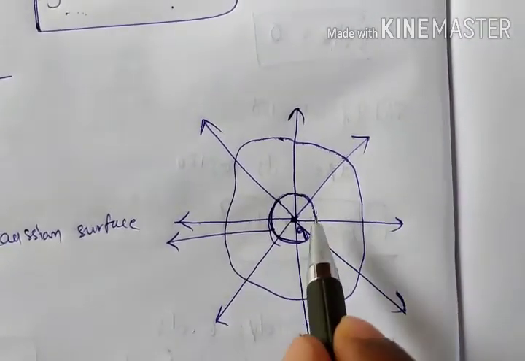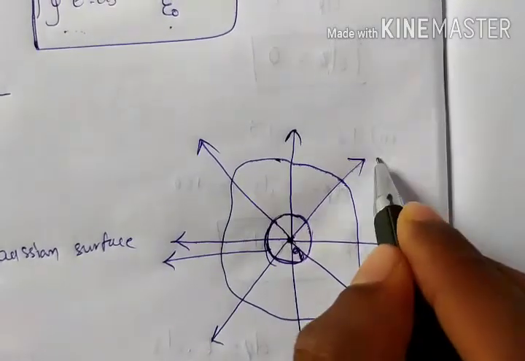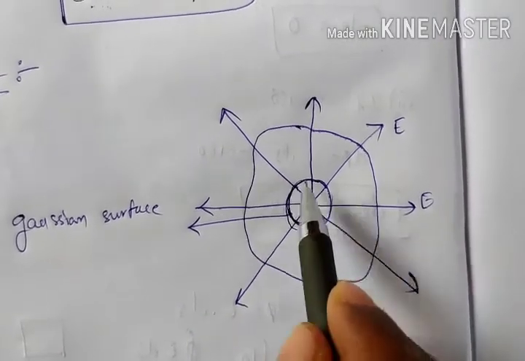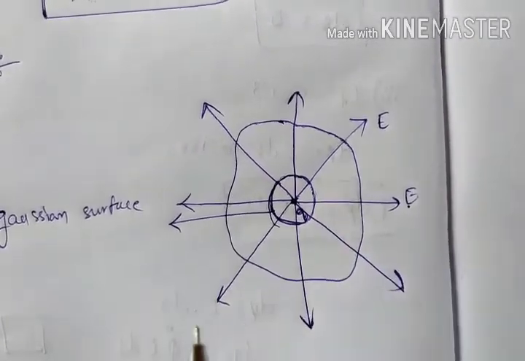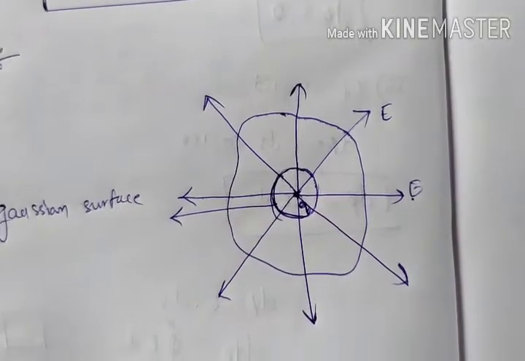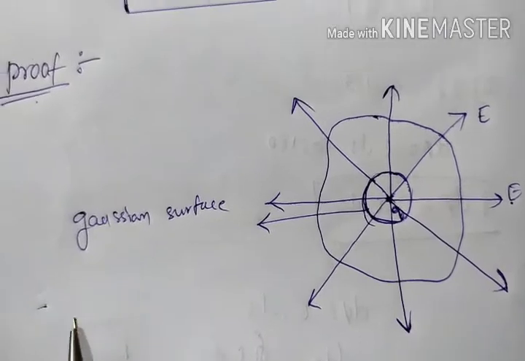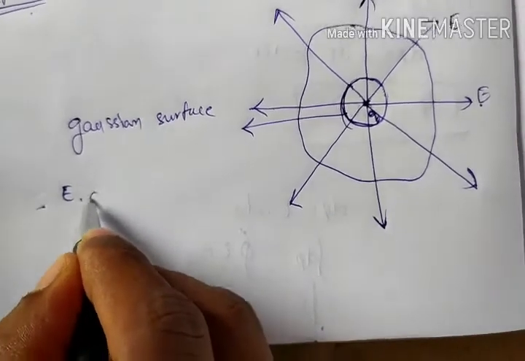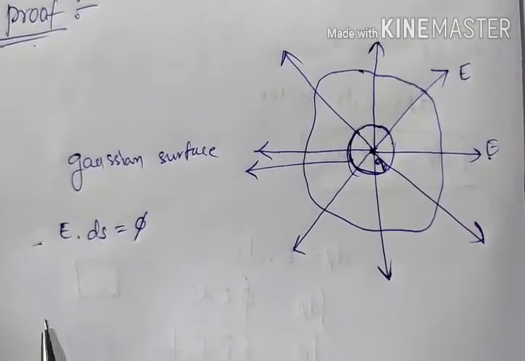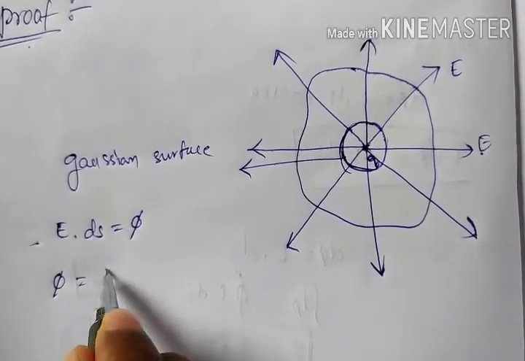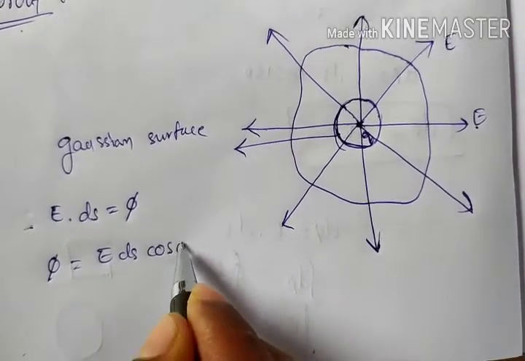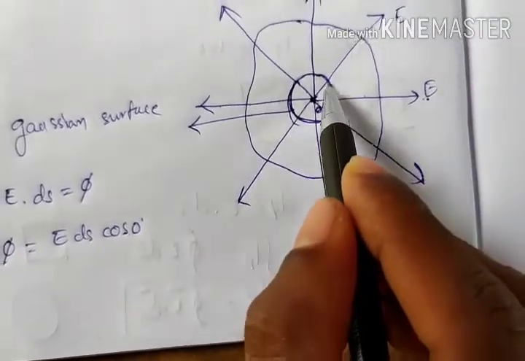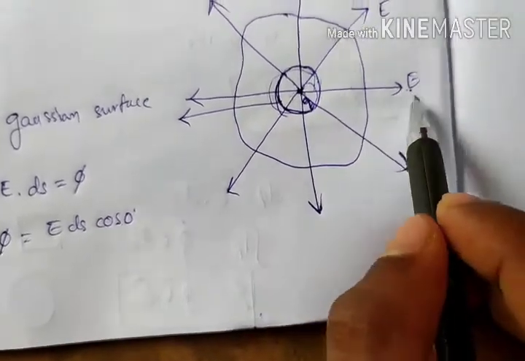The area vector and the electric field lines are in the same direction, outward from the sphere. We know the flux formula: phi is equal to E dot ds, which is E ds cos 0, because the field and the area vector are parallel.